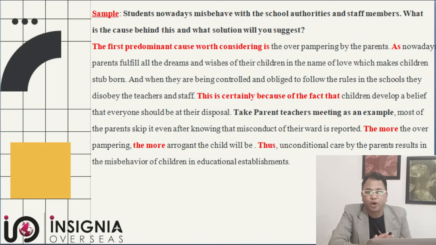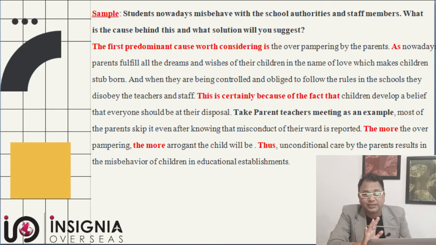The task prompt is: students nowadays misbehave with the school authorities and staff members. What is the cause behind this, and what solution will you suggest? I repeat the task. Students nowadays misbehave with the school authorities and staff members. What is the cause behind this, and what solution will you suggest? Let's start our body paragraph.